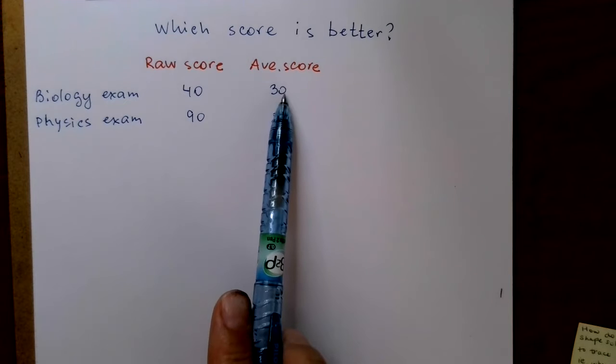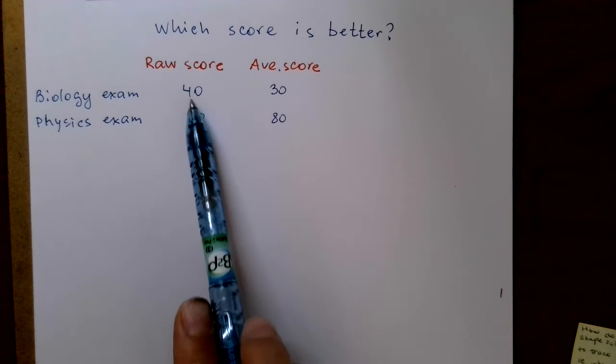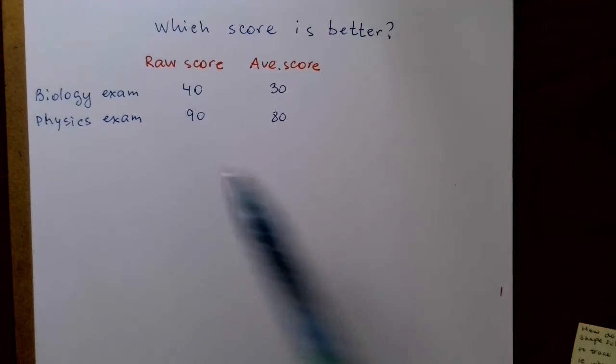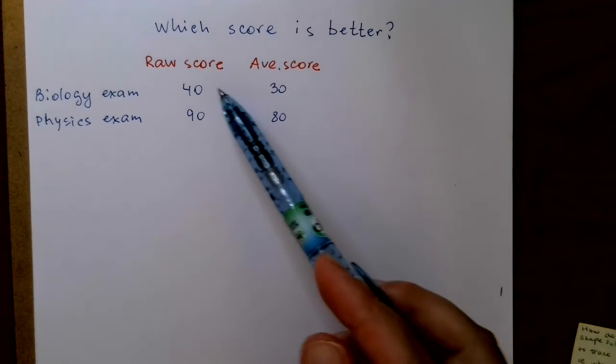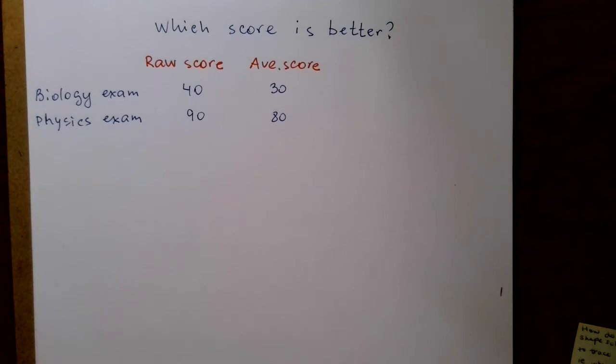You could tell that she did better than the average in both of the classes, but is it complete information? If one was below the average and one was above the average, then that's clear. The one above the average would be the better score.